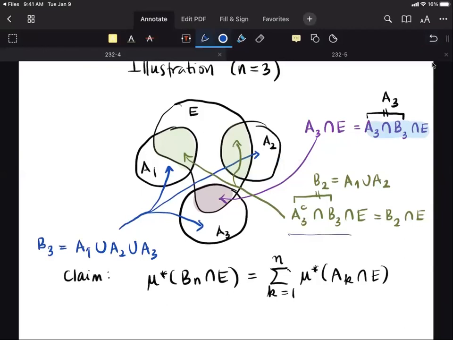And on the other hand, with respect to the complement, we get B2 intersection E. That is the previous set B sub 2.